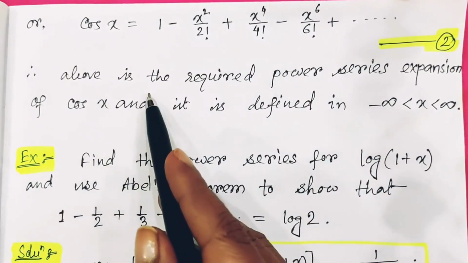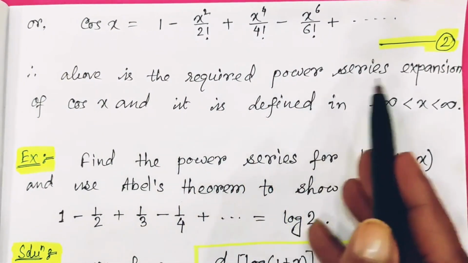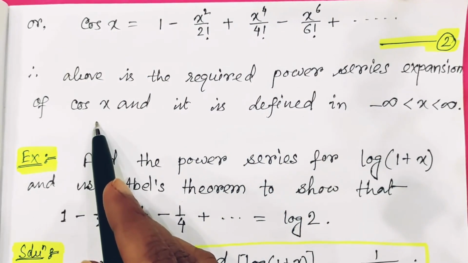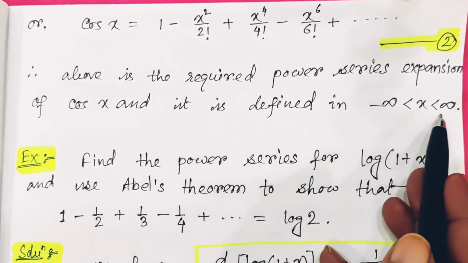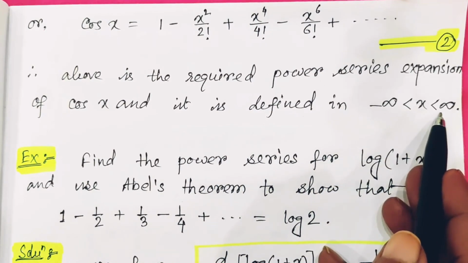So, the above is the required power series expansion of cos x, and its interval of convergence is minus infinity to plus infinity according to the theorem.